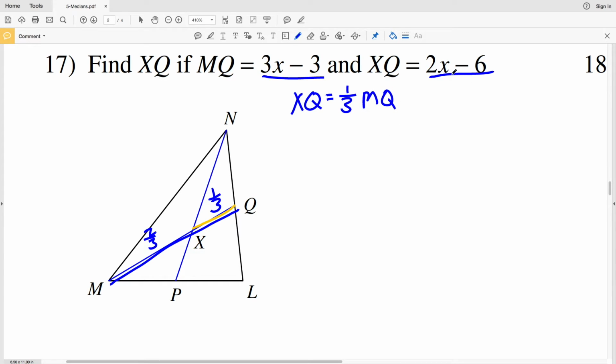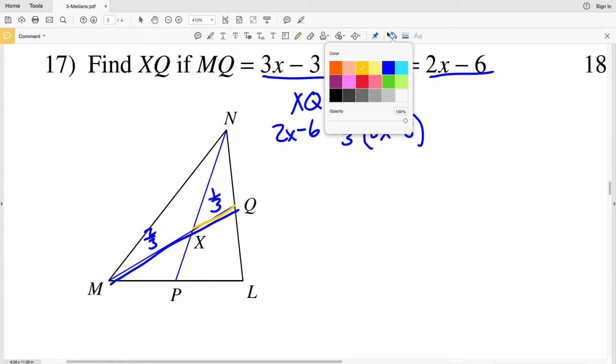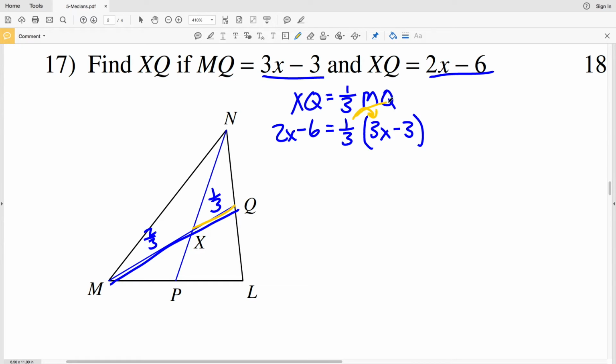So plugging in both our equations, XQ is 2x minus 6, and that's equal to 1/3 of MQ, which is 3x minus 3. So now distributing that 1/3, I'll get that 2x minus 6 equals 1/3 times 3x, which is x, minus 1/3 times 3, which is 1.